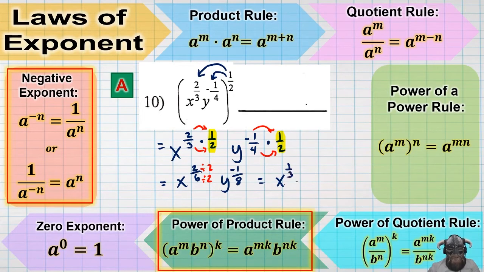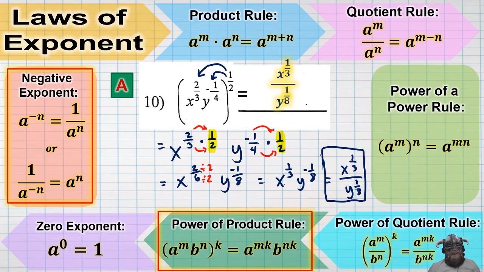So, x raised to 1/3 and y raised to negative 1 over 8. Next is the negative exponent. We will put it in the denominator. So, our final answer will be x raised to 1/3 all over y raised to 1 over 8. So, we put it at the bottom, and the exponent becomes positive.